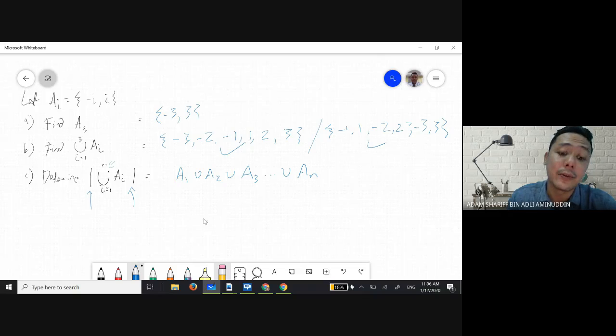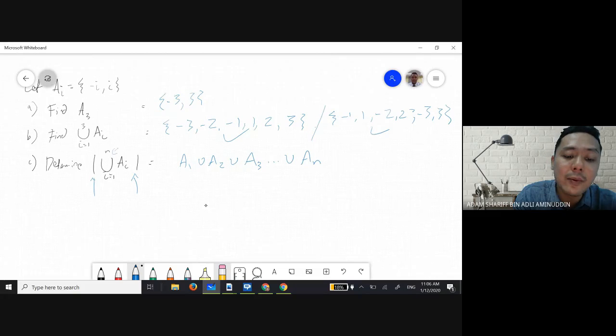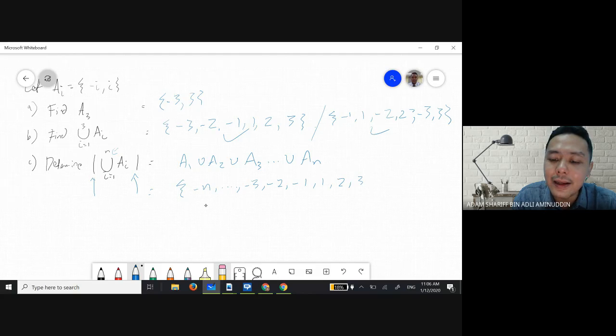Okay. So kalau kamu buat until N, ramai kawan kamu dah tulis, dia jadi negatif N sampai negatif 3, negatif 2, negatif 1, 1, 2, 3 up until N.